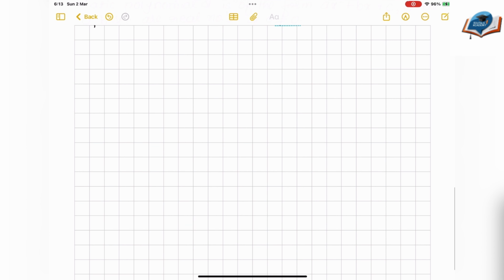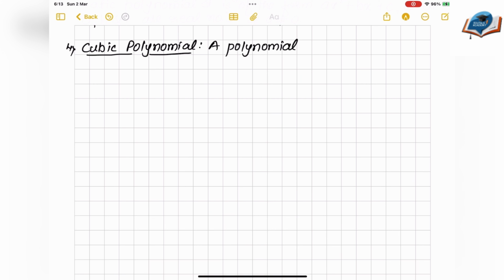Then the fourth one is cubic polynomial. A polynomial of degree 3, that is highest degree should be 3, is called a cubic polynomial.